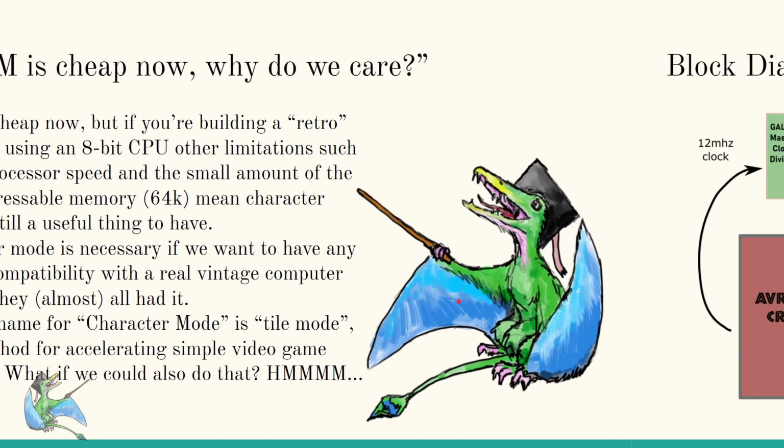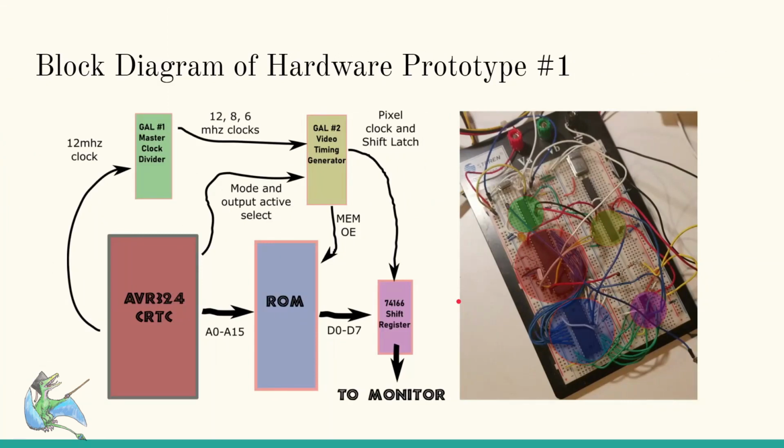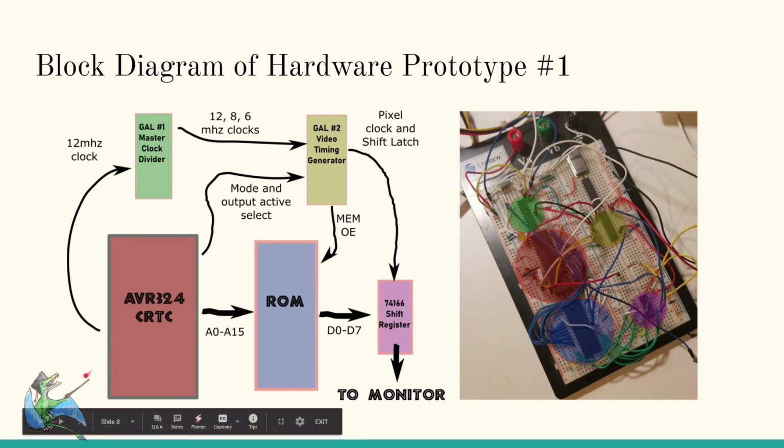So anyway, this is my first hardware prototype that I've shown in the previous videos. As you see, it has the CPU, which we're calling the CRTC because it does what a CRTC does. It acts as an address counter, and it also generates sync and stuff for the display, but we're not worried about that.